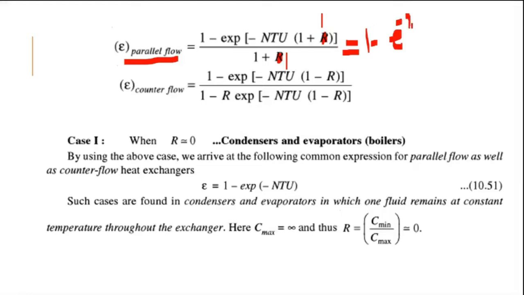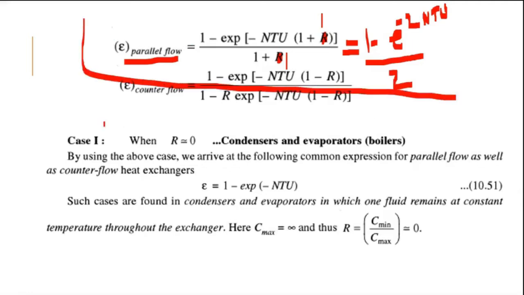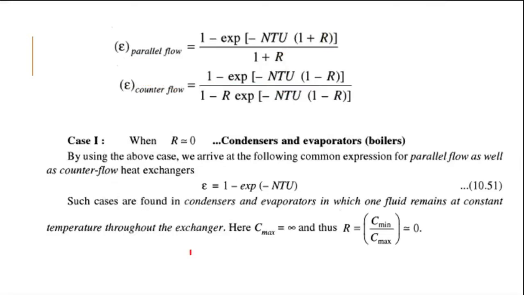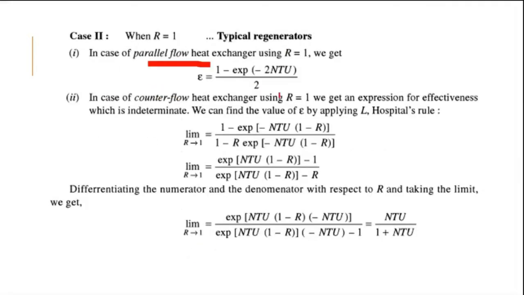Minus 2 NTU. Excellent. So 1 minus e to the power minus 2 NTU divided by 1 plus 1, which is nothing but 2. So this is the effectiveness for a parallel flow heat exchanger when R is equal to 1, or the effectiveness for a typical regenerator. Effectiveness is equal to 1 minus exponential minus 2 NTU divided by 2.